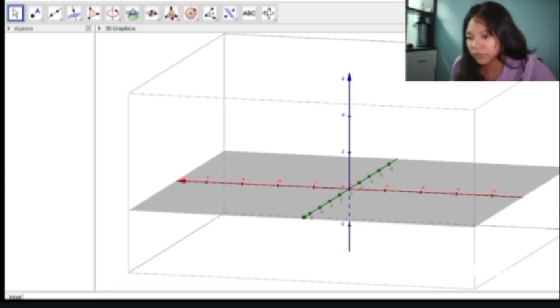So we can just type in sphere. And as you can see, we have point, radius, or point, point. So according to our problem, we are given a point and a radius.